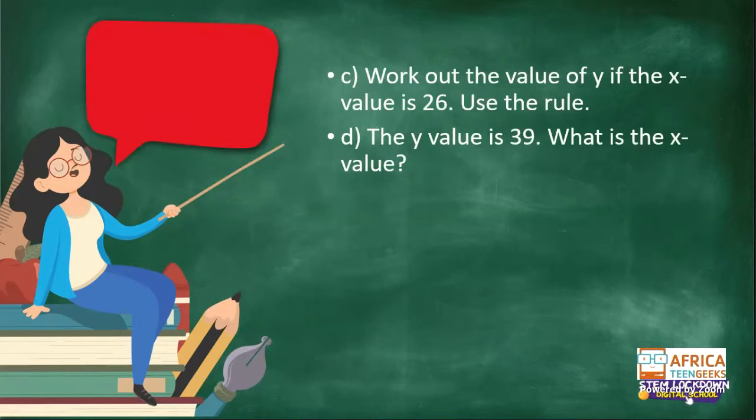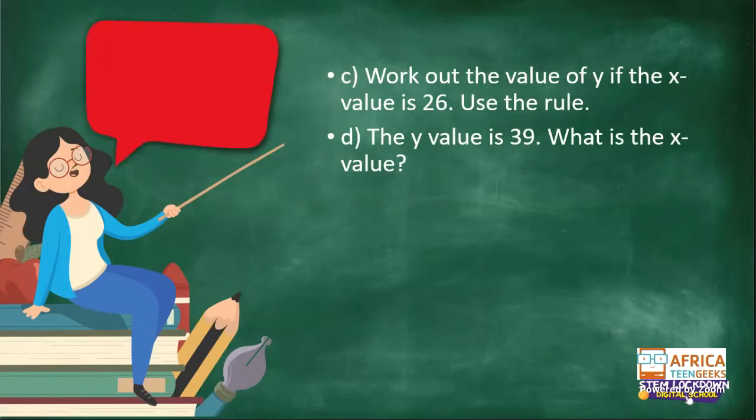Okay. And added 5, which gave me 57. Exactly. So y will be 57, because if you multiply 26, which is the x value there, by 2, you get 52 plus 5 is 57. So the y value there will be 57.